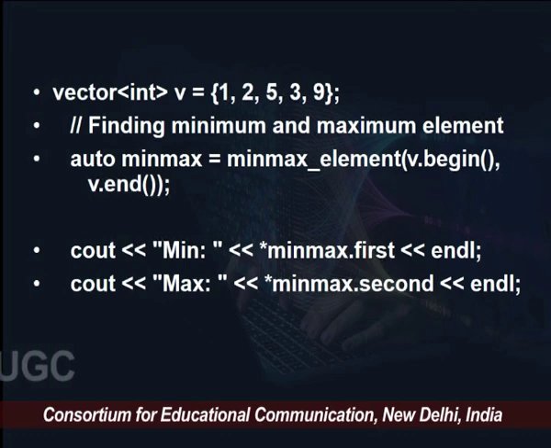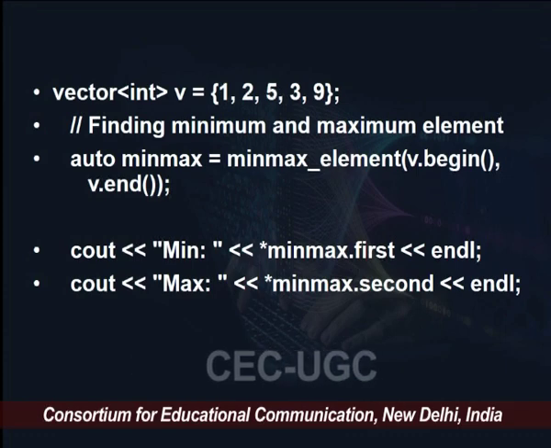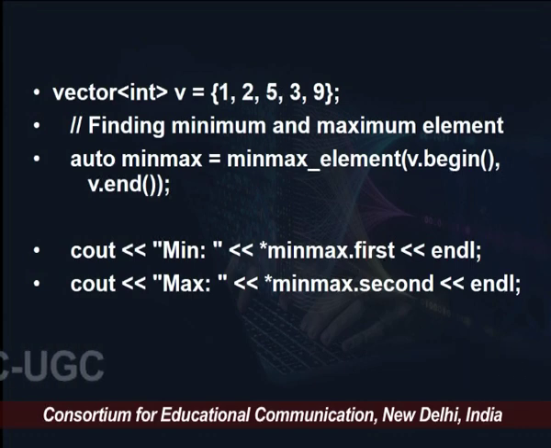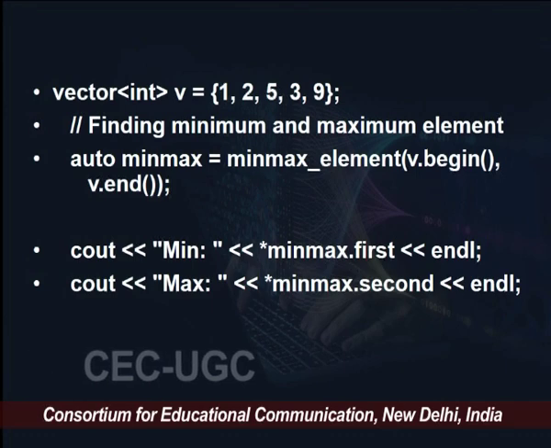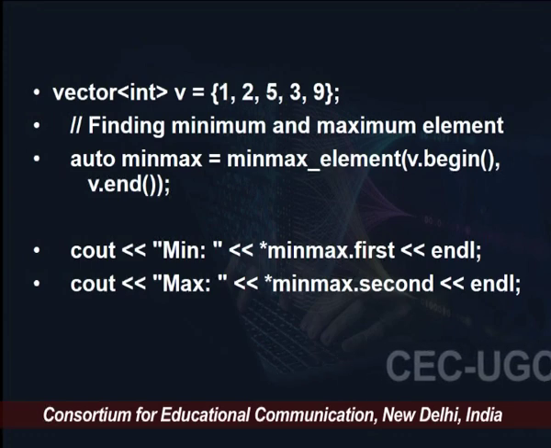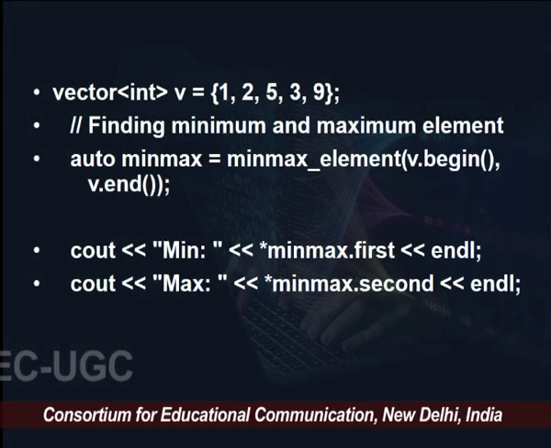We have a vector v which is having elements 1, 2, 5, 3, 9, and in order to find minimum and maximum simultaneously, we are going to write auto minmax is equals to minmax_element(v.begin(), v.end()).